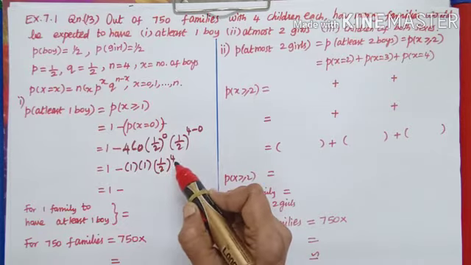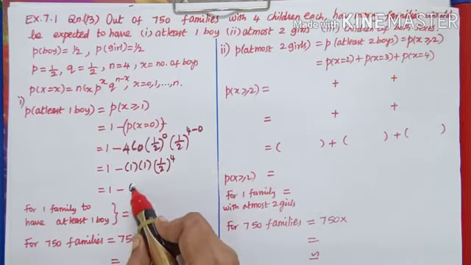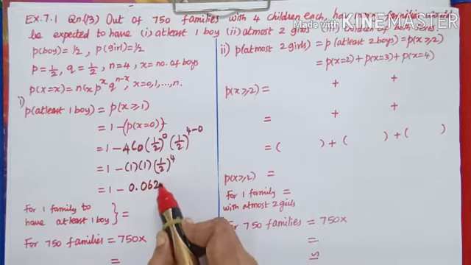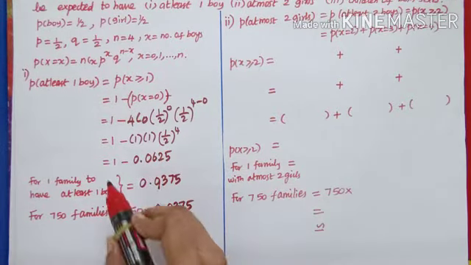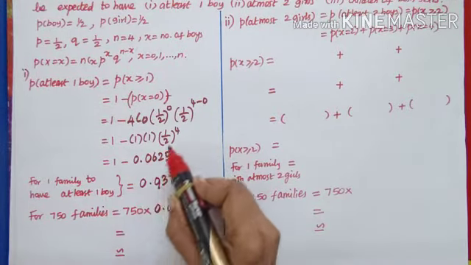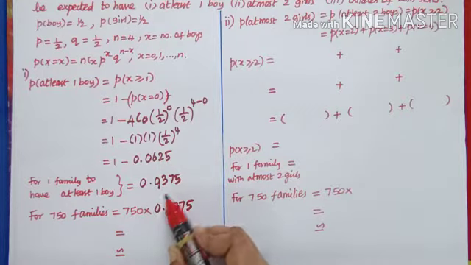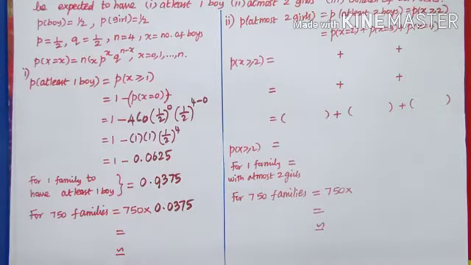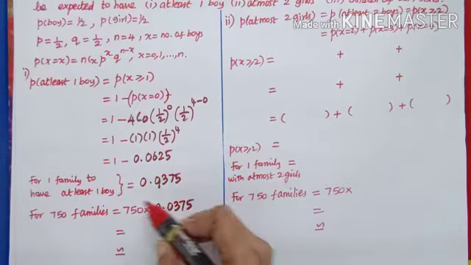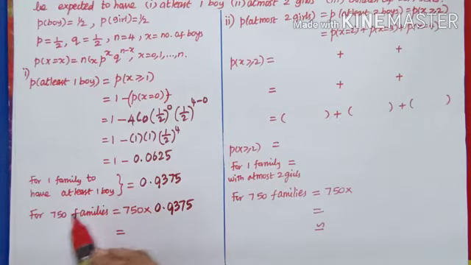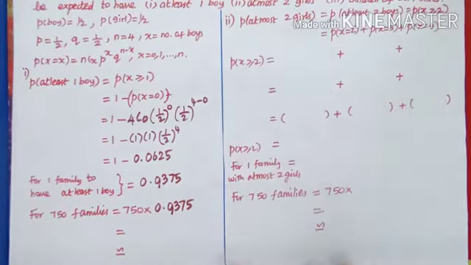So 0.5 power 4 is 0.0625. 1 minus 0.0625 gives rise to 0.9375. This is for one family to have at least one boy. My question is 750 families. Multiply by 750 and write the answer.